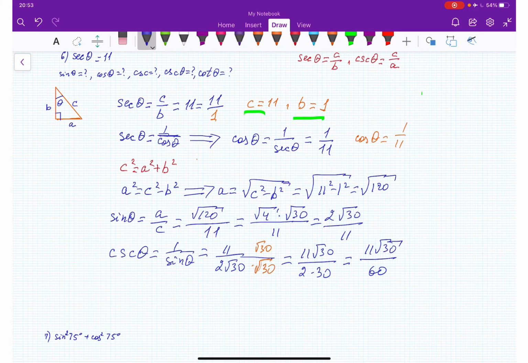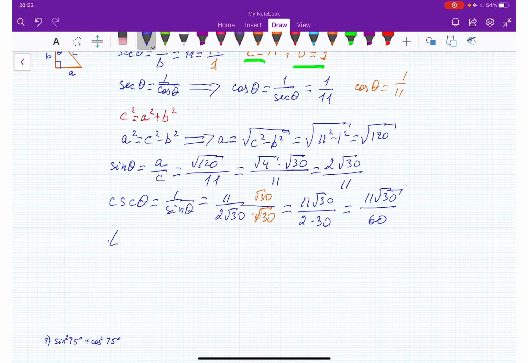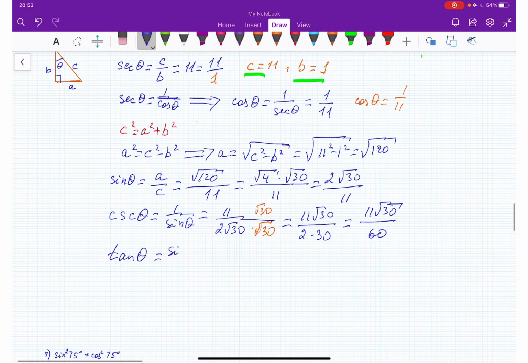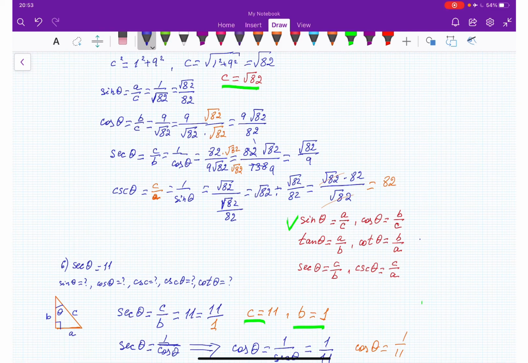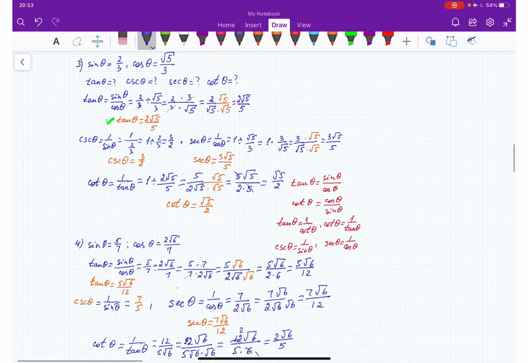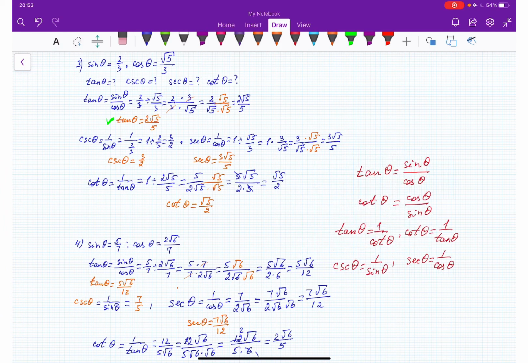Okay, tangent. So tangent theta is equal to sine theta over cosine theta, right? I recommend writing out these formulas and this identity and this one from the very beginning. That's right, here it is.